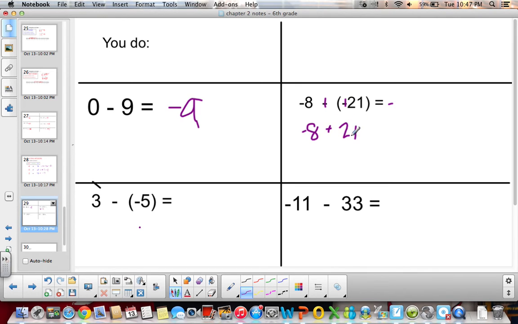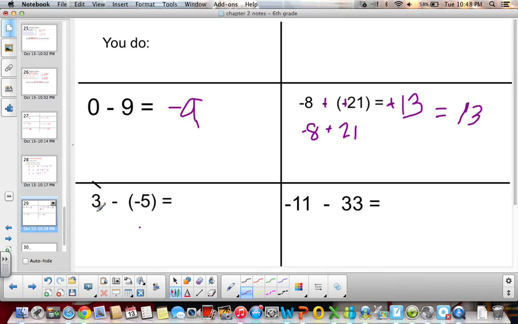So 21 minus 8 would be 13. Now we look at the sign of our addition problem, because we changed our signs, and we see that 21 is greater. So we can take that sign, which we normally wouldn't, but equals plus 13, and then we can rewrite it as 13.